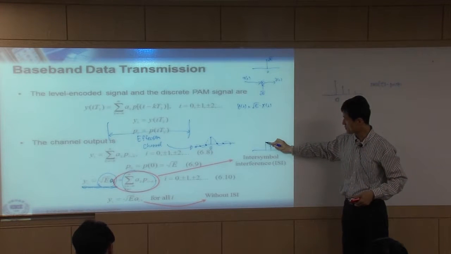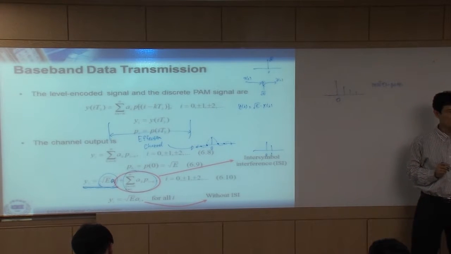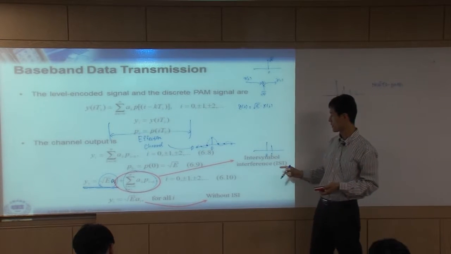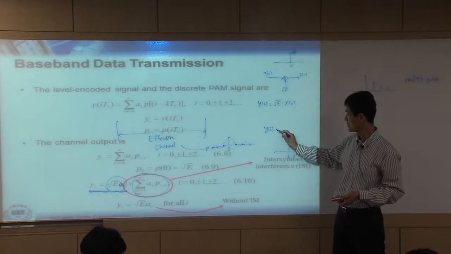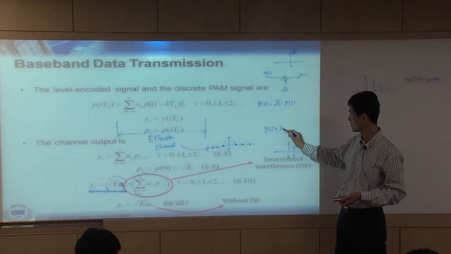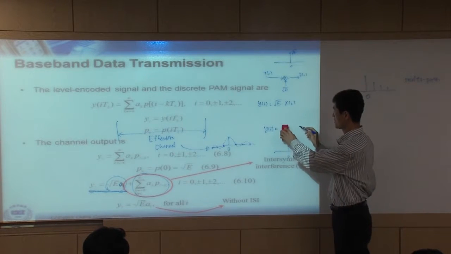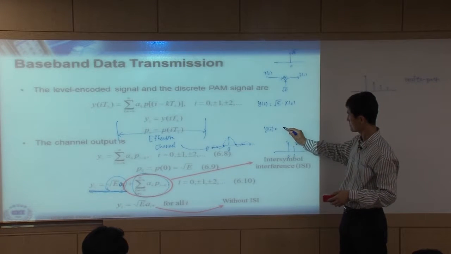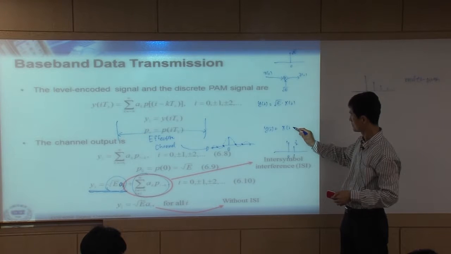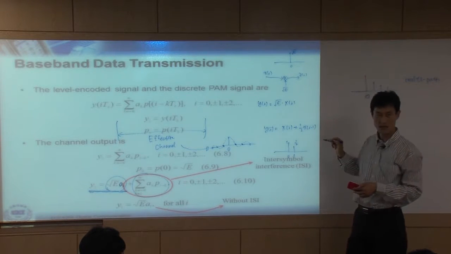Let's say we have this impulse response. What is the equation? Equation is something like, the constant doesn't matter. Let's forget the constant. Make it this way. Something like this, okay?